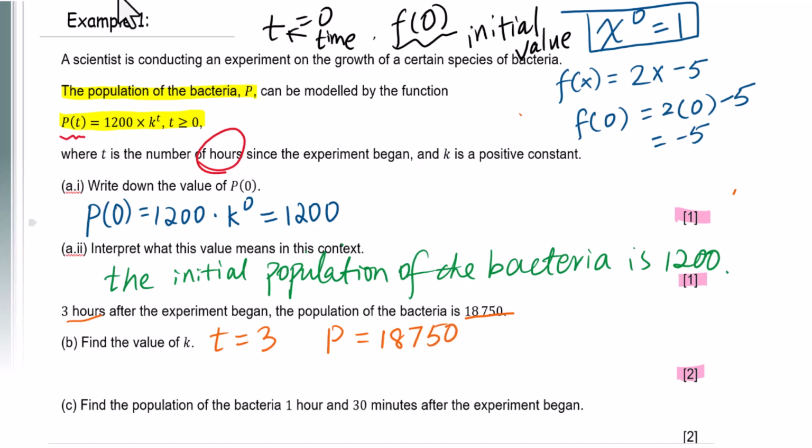So we just do the substitution. P of t basically means P. So we got 18,750 equals 1200 times k to the third power by solver.